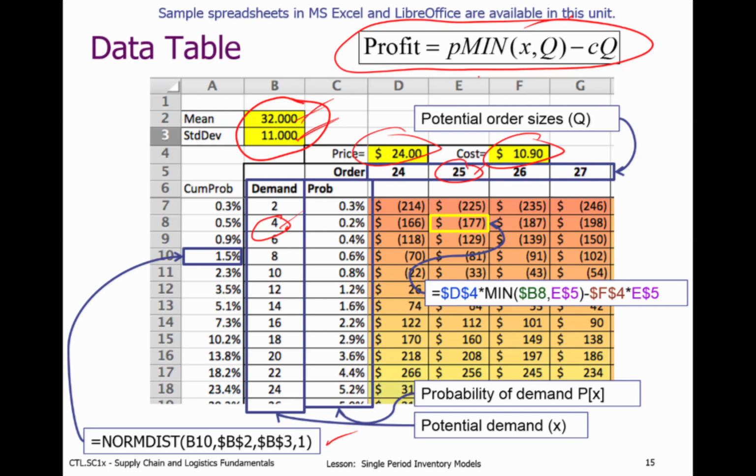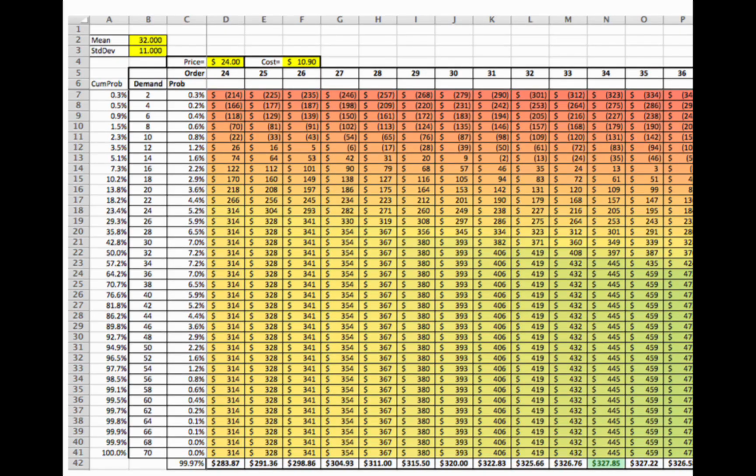Then, the probability that each of these demand values occurs is the difference between the two cumulative values. Look at the spreadsheet and you can see how that works. The net effect is that each cell tells me what the profitability will be given a certain demand and a certain order quantity.